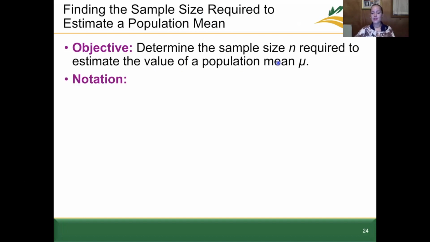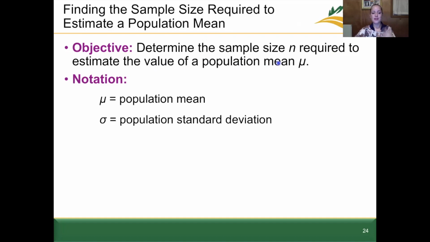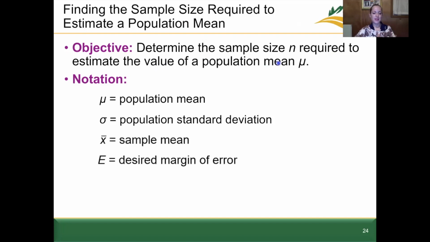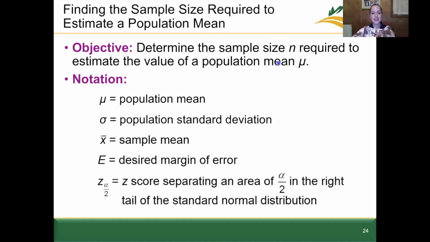Let's go through the notation now for this kind of question. So mu is our population mean, sigma is our population standard deviation, x bar is still our sample mean, E is our desired margin of error. Now be careful here because this comes back.